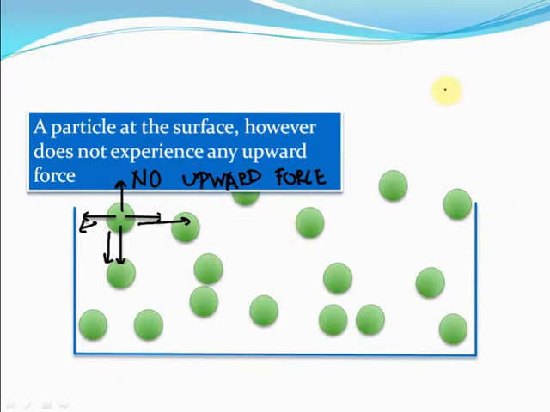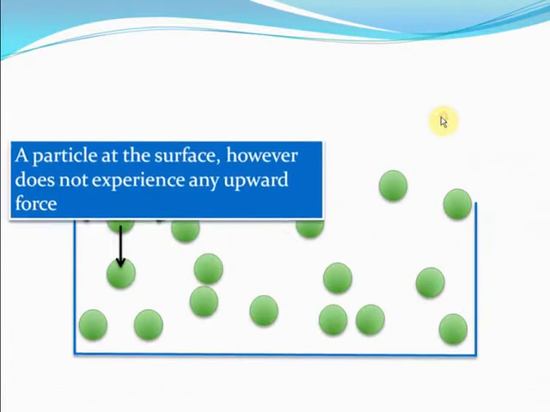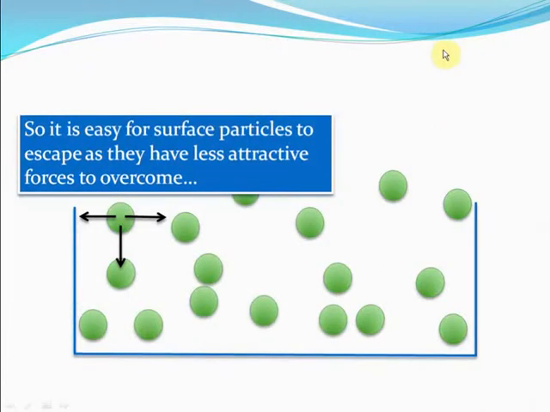And that is the reason the particles at the surface have greater kinetic energy than the particles deep inside the liquid, because the particles at the surface are not restricted at least in one direction, isn't it? Their motion is not restricted in the upward direction. It can be restricted in other directions, but at least they are more free and they have more kinetic energy therefore.